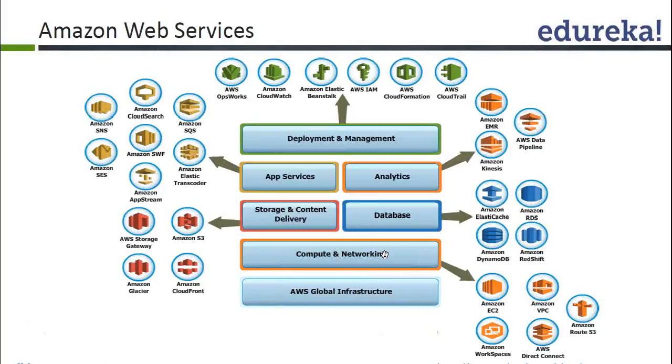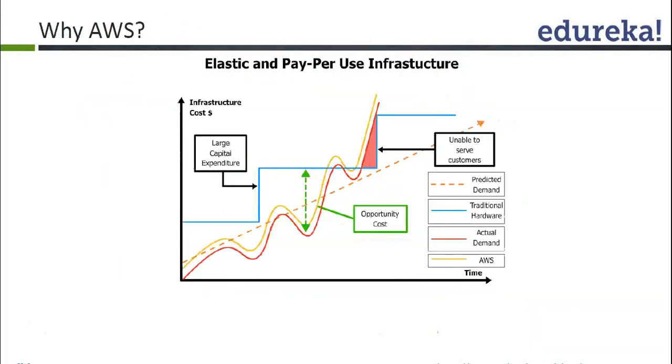You want to do computer networking, it would have something. It has everything, you name it. It is having almost 40 plus service offerings, and I'll show you some of the list in coming slides. So Amazon is great. It's leading.